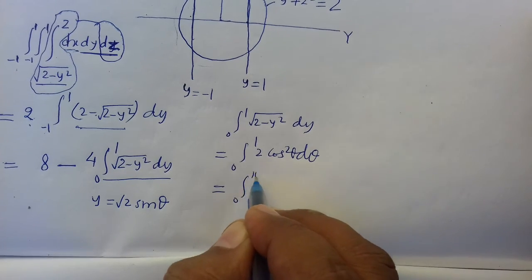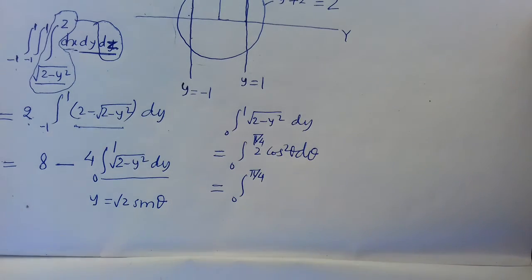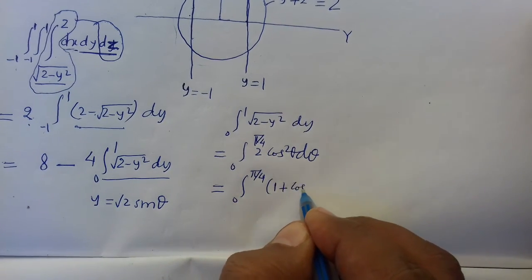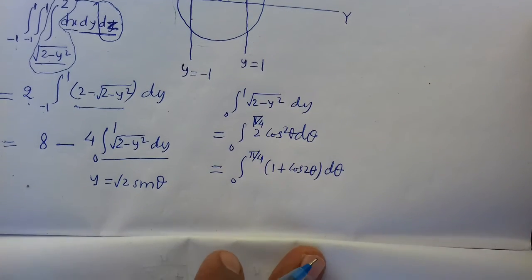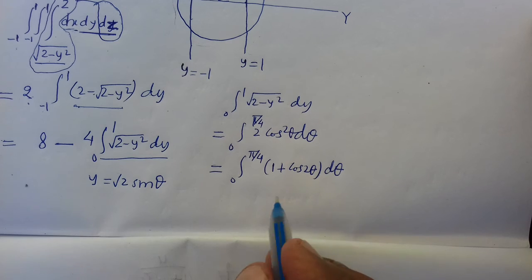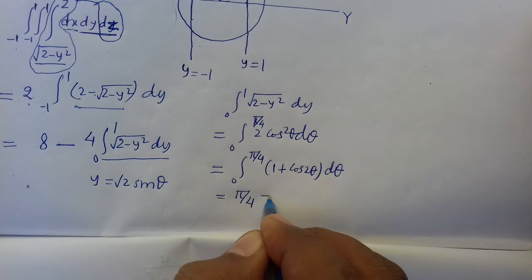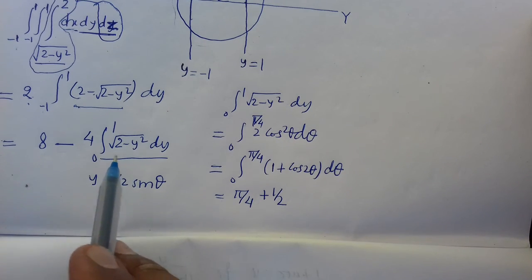Thereafter the limit changes to 0 to pi by 4, 1 plus cos 2 theta d theta. I have calculated. You can calculate this very easily, and you will get pi by 4 plus half, and this value you have to put here.